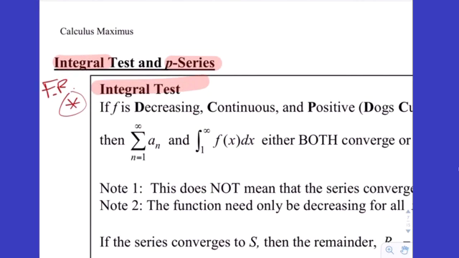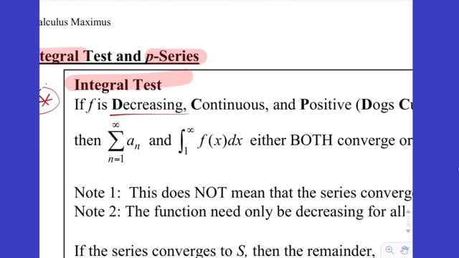First of all, the function that you are finding the sum of, the rule of sequence, has to be decreasing. It doesn't have to be decreasing for all values of n. It just has to be decreasing forever and ever beyond a certain point. So you might have a series in the beginning that actually increases and then decreases and then increases a little bit, but then eventually after some point it does decrease forevermore.